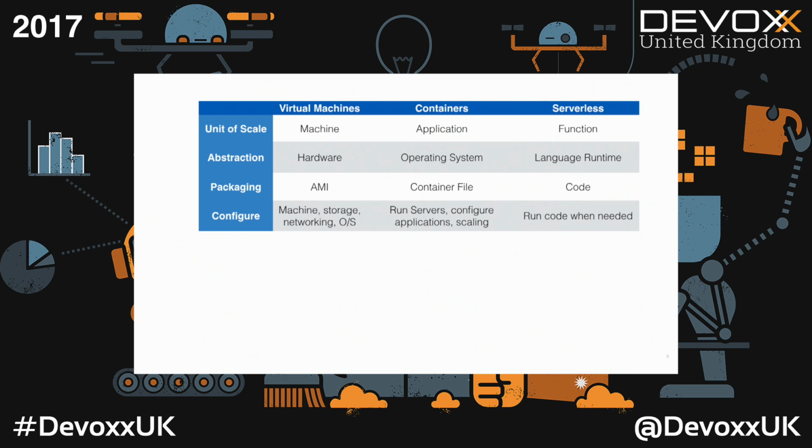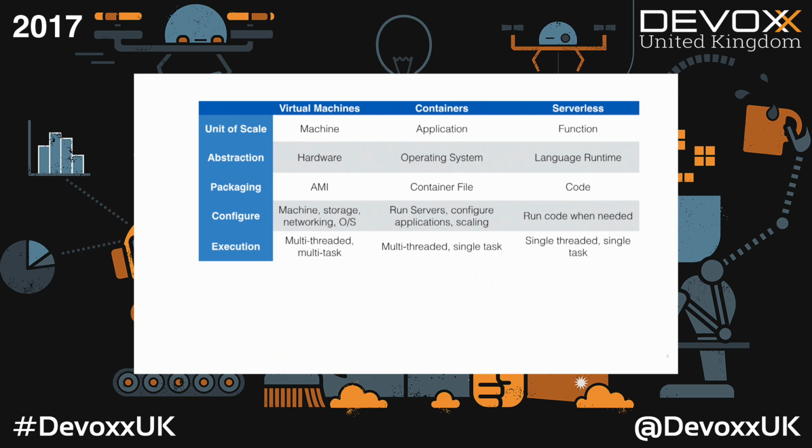But in terms of containers, you need to run servers, configure applications, scale it, and all that you're responsible for. So you need to run some sort of monitoring dashboard for that. In terms of serverless, it's pretty straightforward. Here is the code, run it, scale it whenever it needs to be done.